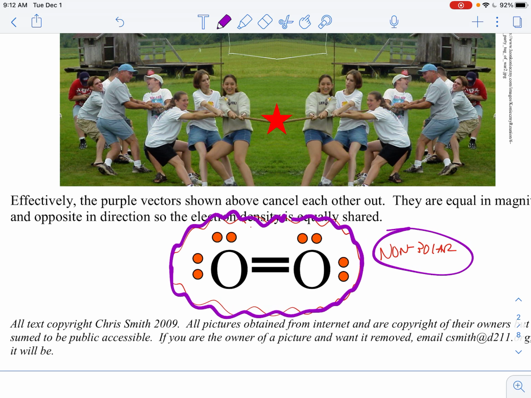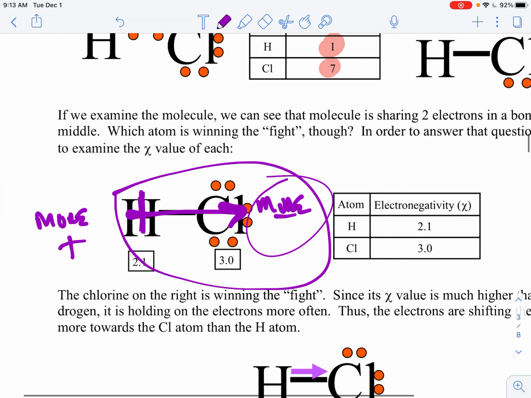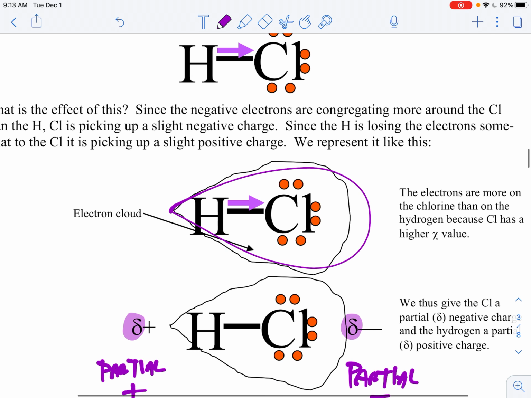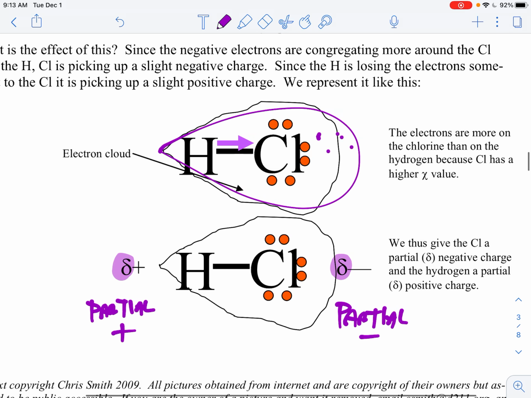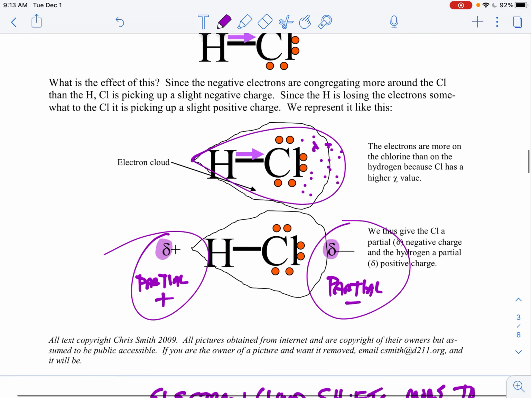There's no negative and positive in this molecule because everything is nice and evenly distributed. This molecule, however, we've got a bully and a wimp. And because this guy is a bully and this guy is a wimp, the electrons spend more time over on the right-hand side. And when they do, again, those electrons build up over here, and you end up with a partial negative on this side and a partial positive over on the opposite side.